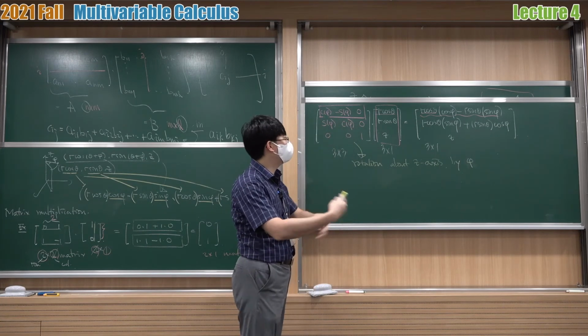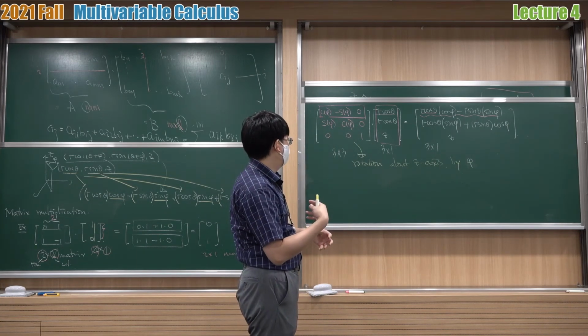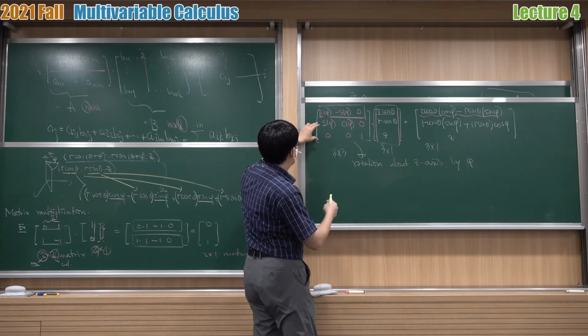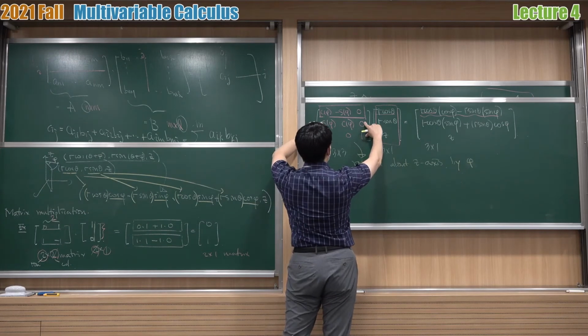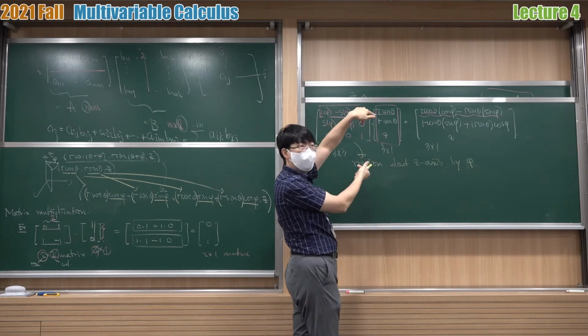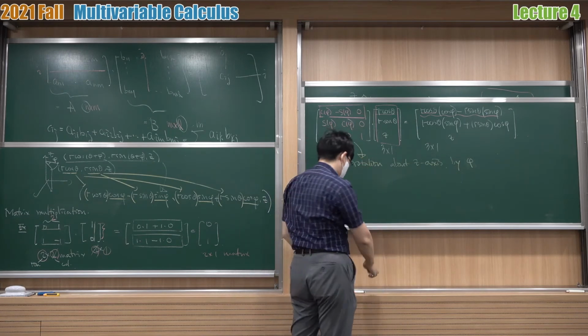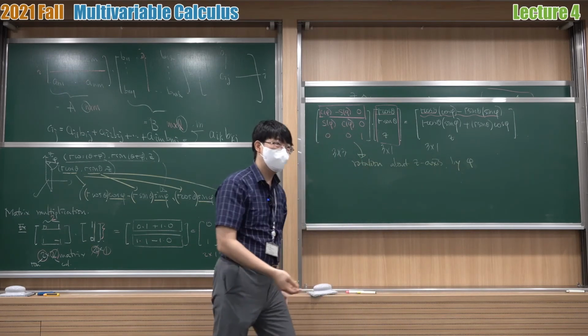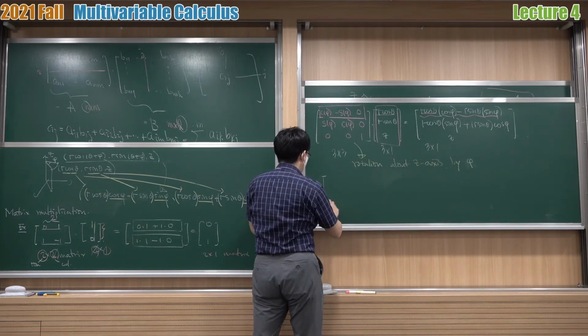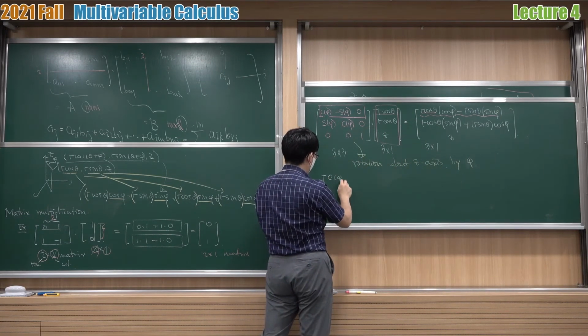So you're switching the roles of z and y, switching the second and third rows and the second and third columns. That's the same effect as changing the role of y and z. So let's do the same.